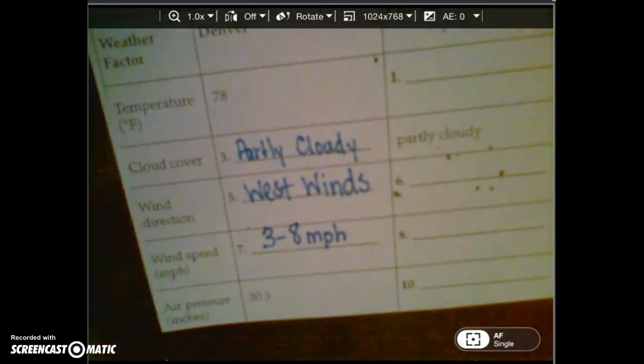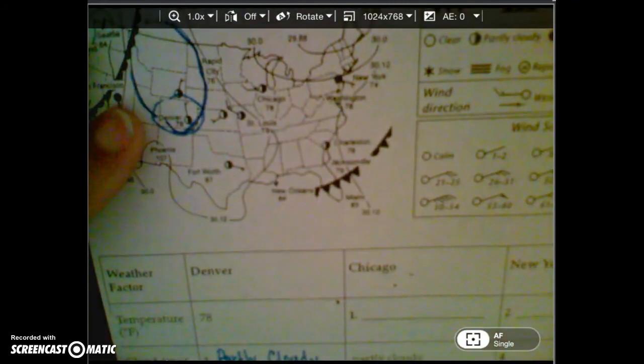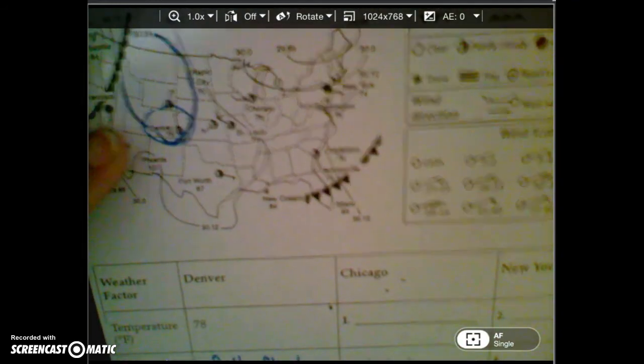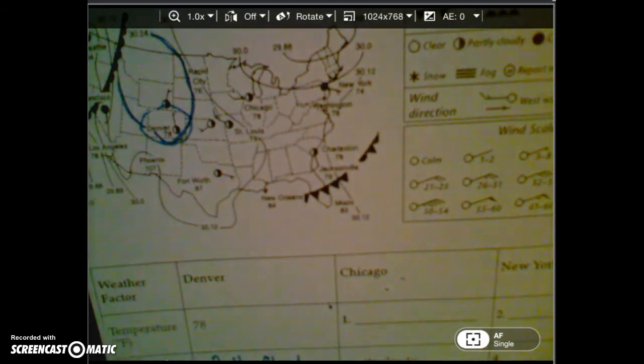All right. The last thing that we have down here is air pressure. You'll notice that they have big circles, and anything within that circle is going to have the same air pressure.